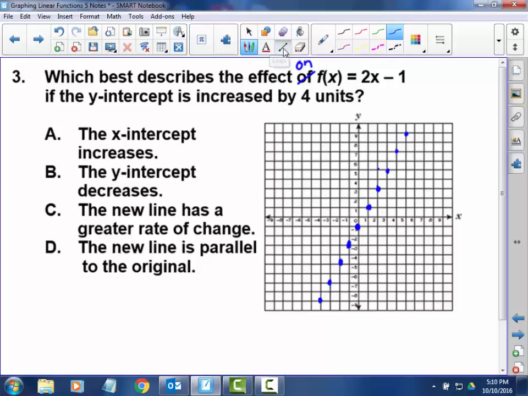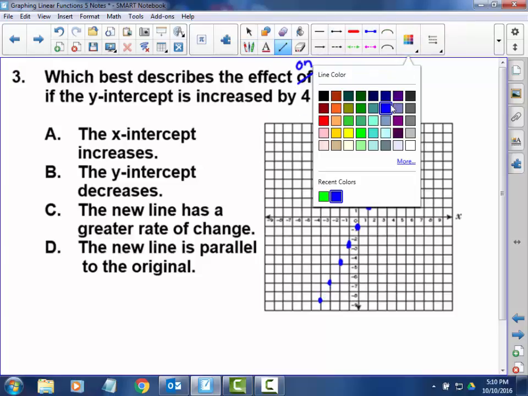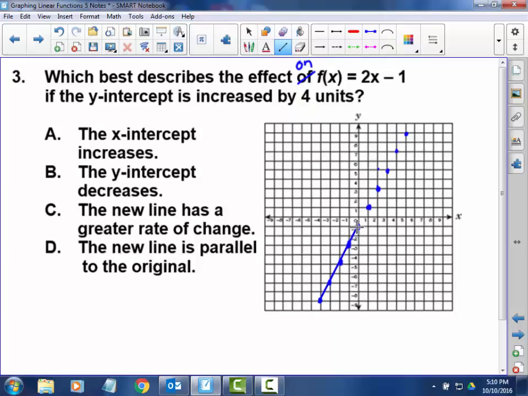Okay, and we put our straight edge to it and draw our arrows. Okay, so that's f of x equals 2x minus 1.